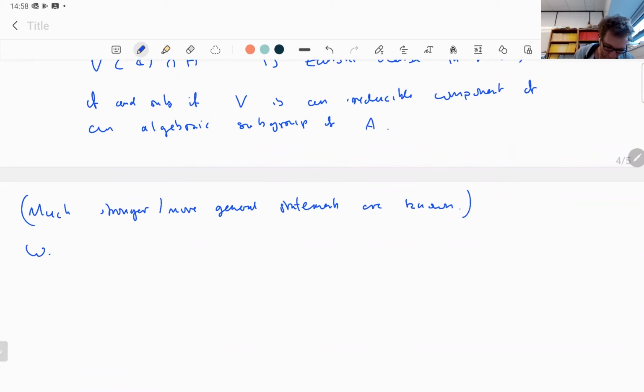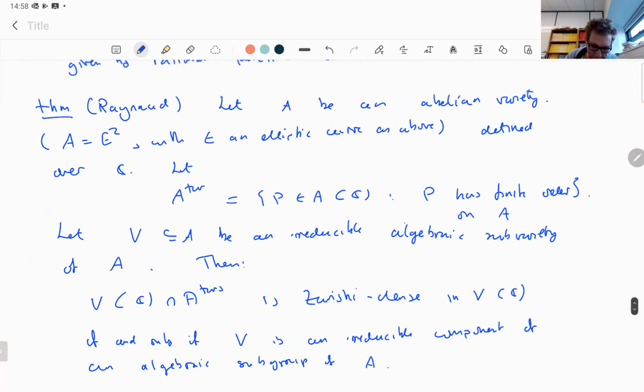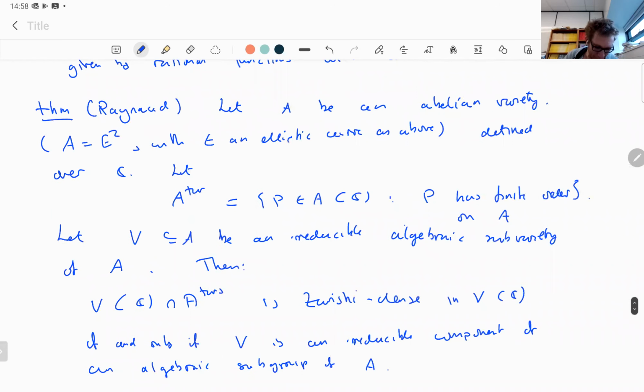So we will prove this in the case A is E squared. Well, Raynaud proved this, and then there are other proofs, including one by Hrushovski, and then there's a later proof by Pila and Zannier.